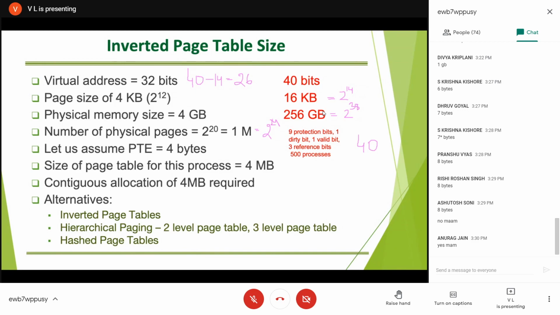So the number of bits required for processes will be 9 because it is less than 512 but greater than 256. So it will be 49 bits. And now I divide it by 8. So this will be 6 point something. So I need 7 bytes. So the minimum number of bytes that I need for the page table entry will be 7. Am I right?